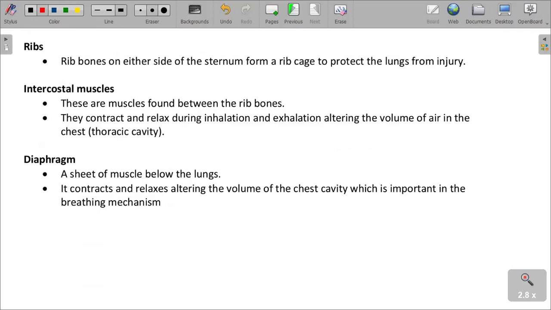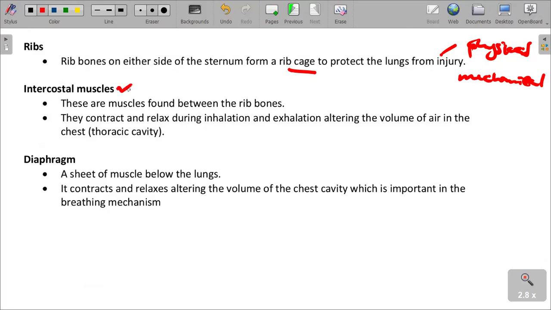The rib bones on each side of the sternum form a rib cage to protect the lungs from injury, which can be physical or mechanical injury. The rib cage gives a reinforcing, supporting structure to protect the lungs from physical or mechanical injuries.